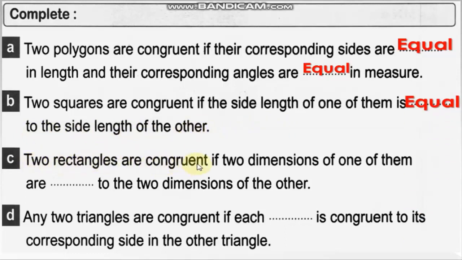Two rectangles are congruent if the two dimensions of one of them are equal to the two dimensions of the other. Letter D. Any two triangles are congruent if each side is congruent to its corresponding side in the other triangle.